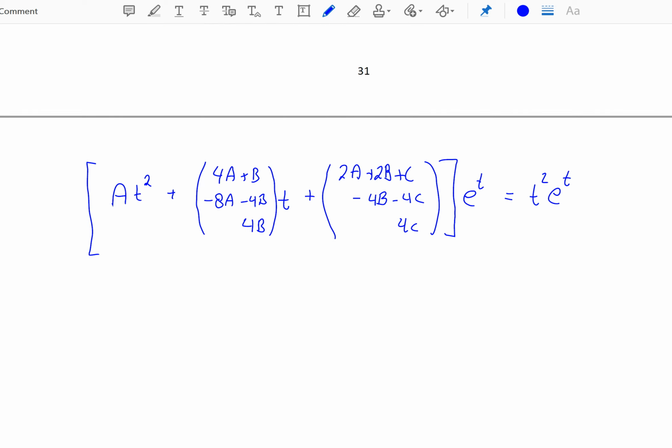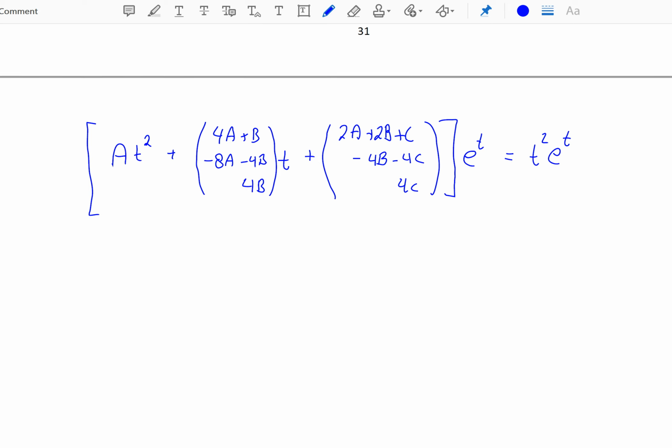And we want to say the only way the expression on the left is equal to the expression on the right is if a, the coefficient of t squared, is going to equal the coefficient of t squared on this right-hand side, which is 1. Let's look at the coefficients of t.